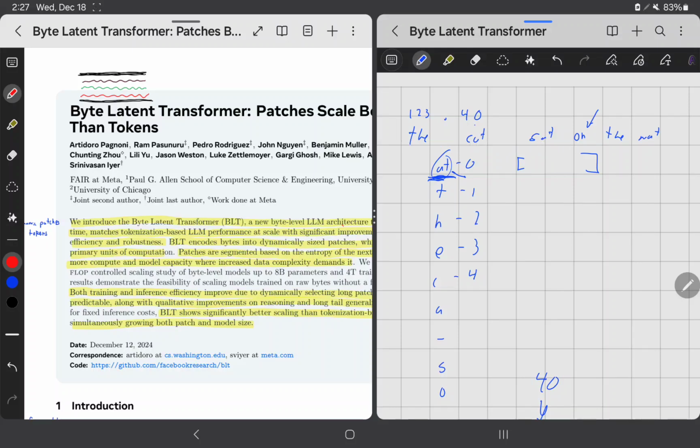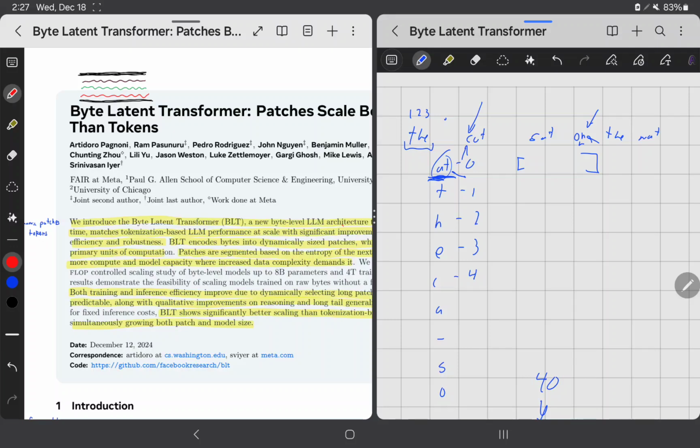But let's say I give you the word the. It's pretty hard to predict the word cat because there's so much uncertainty. It could be any word basically after the word the. Sorry, I cannot talk. So it can be any word. So there's very high uncertainty for the letter C versus the letter N over here. So you probably want to allocate more compute to the letter C rather than the same amount of compute everywhere.